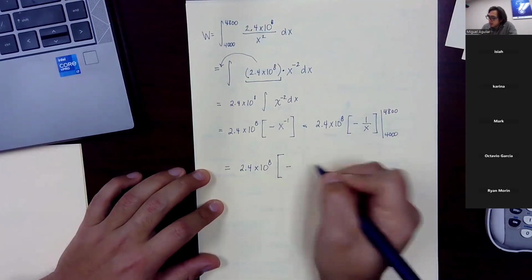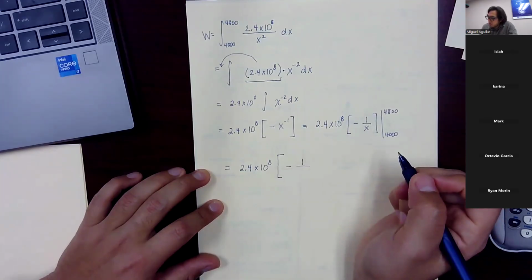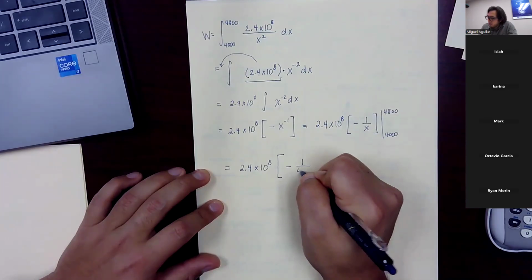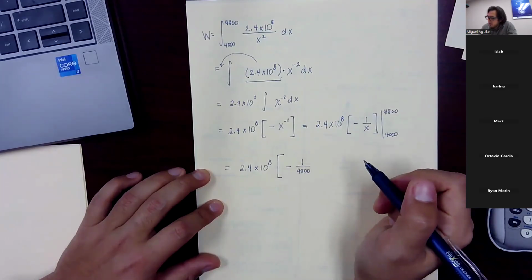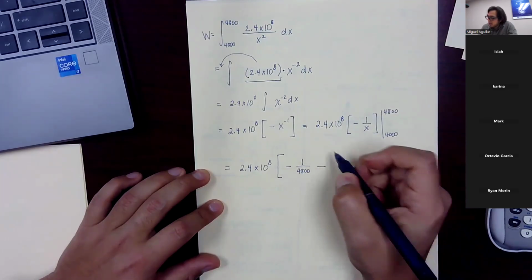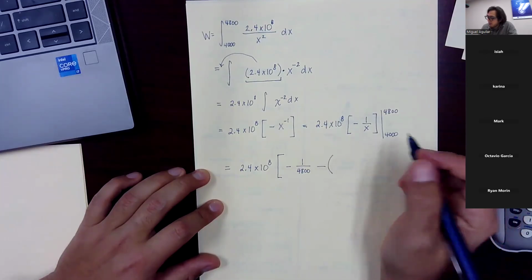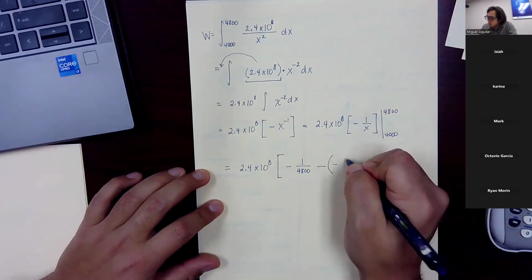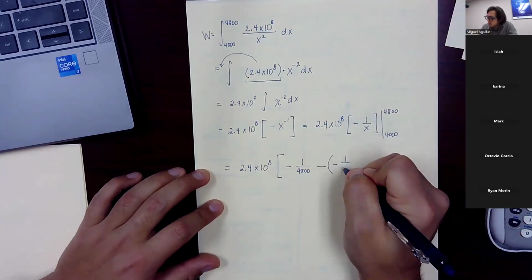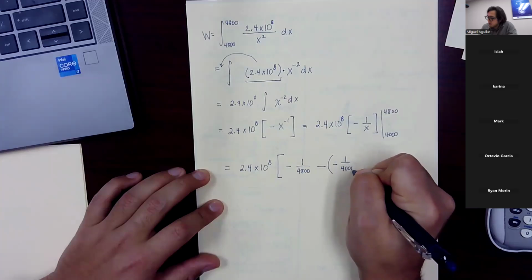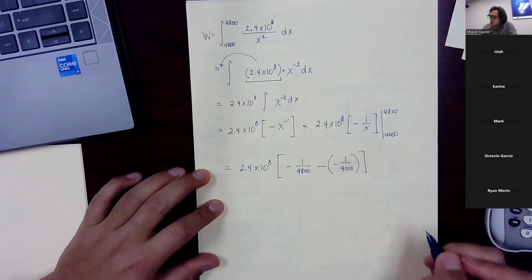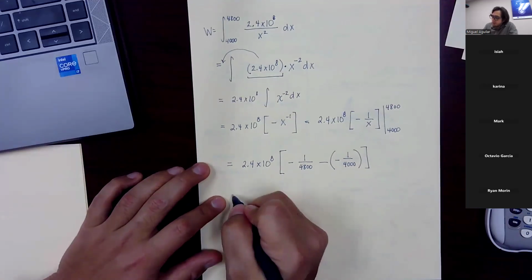And then this is negative 1 over 4,800 minus negative 1 over 4,000, like so.